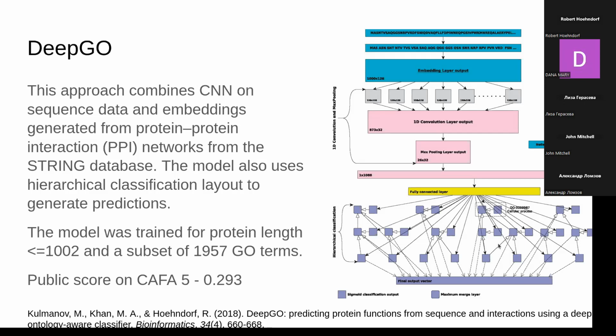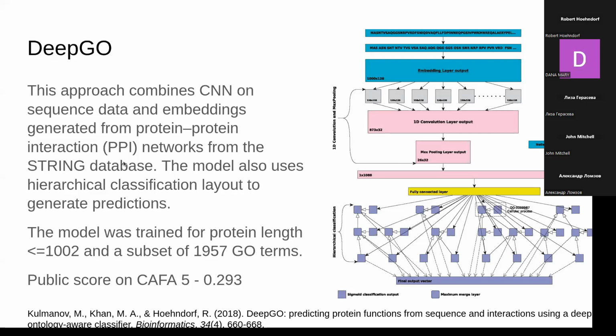because it's computationally expensive. I've trained this model, and the public score on CAFA 5 is shown in the picture on the slide. The problem is that they use out-of-date embeddings from protein-protein interaction, so I couldn't update them for the latest data set used in CAFA 5.